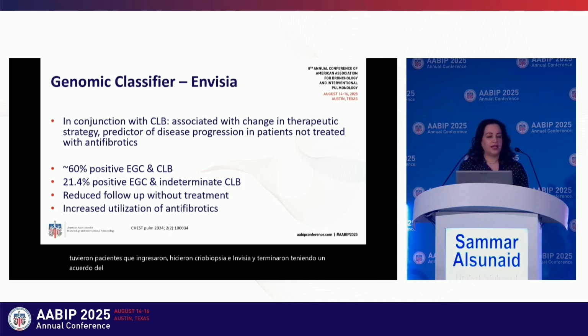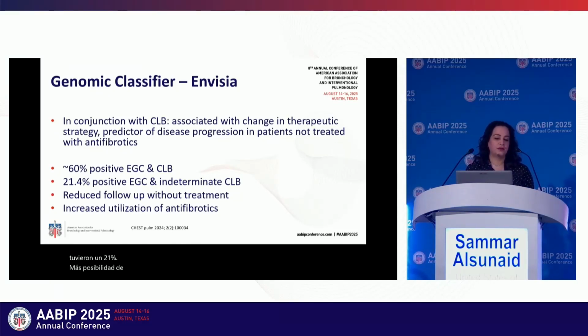In cases where they had an indeterminate cryobiopsy, they had a 21% plus chance of a positive Hsia test that helped guide them. It reduces the likelihood to wait and follow up without treatment. It increased the chances of using antifibrotics, so it was pretty positive.